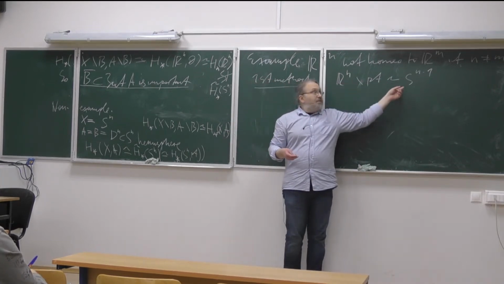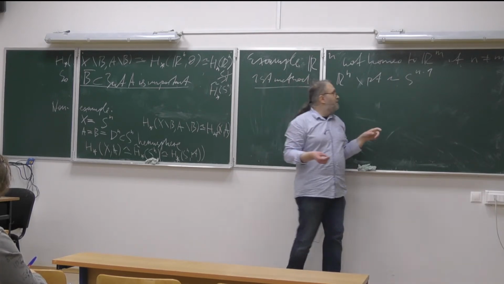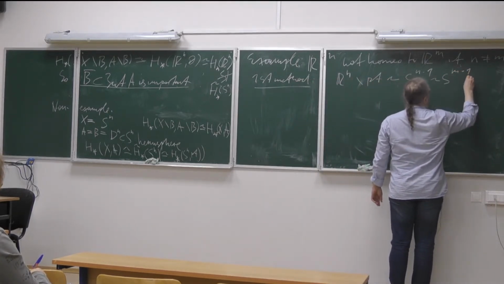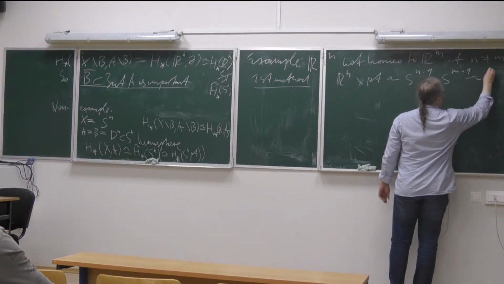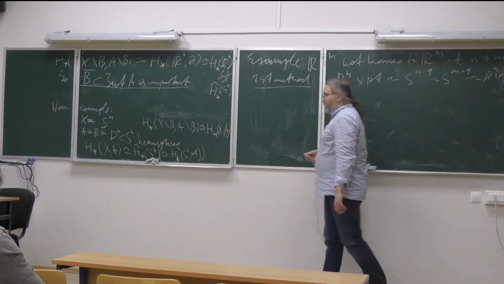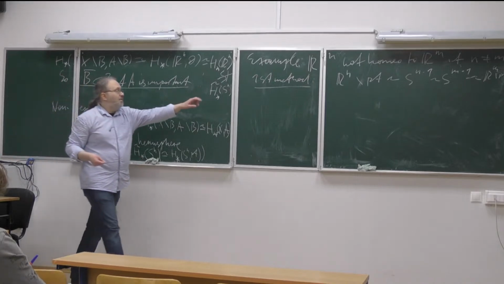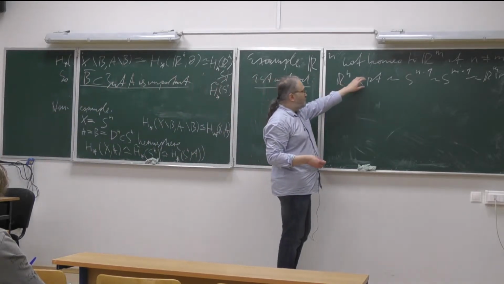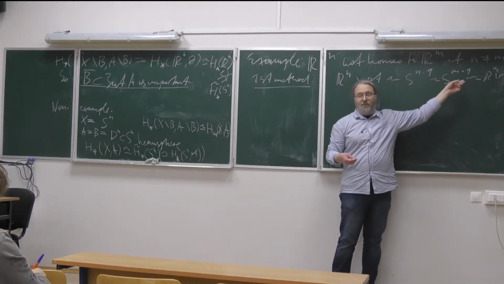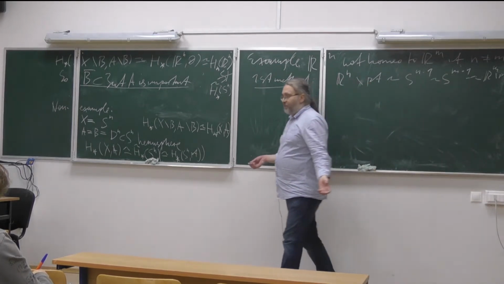Rn minus a point is homotopy equivalent, not homeomorphic, to S^(n-1). And we know already that S^(n-1) is not homotopy equivalent to S^(m-1) if m is different from n.